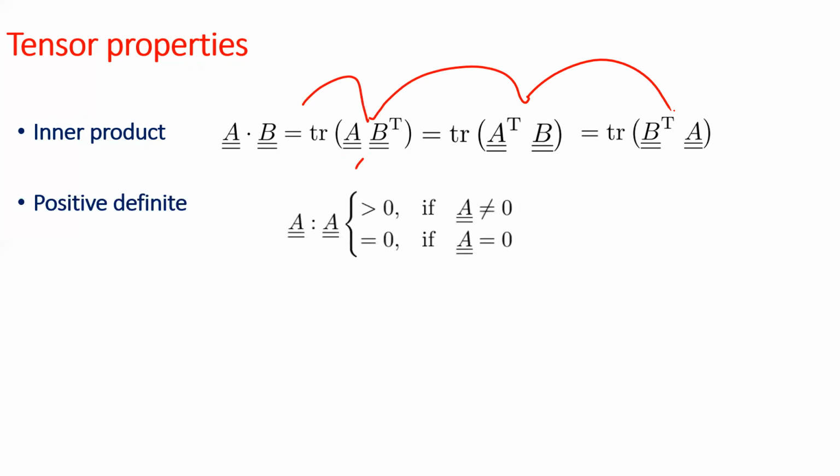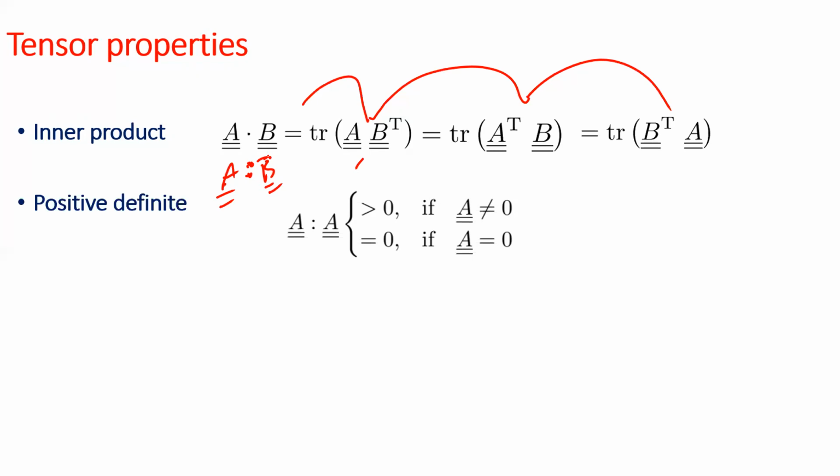And one more property, positive definite. Some books also denote the inner product this way. If the inner product of A with itself is greater than 0 if A is not equal to 0, and it is equal to 0 if A equals 0, such a tensor is called a positive definite tensor. This is the same kind of definition which is used in the theory of matrices.